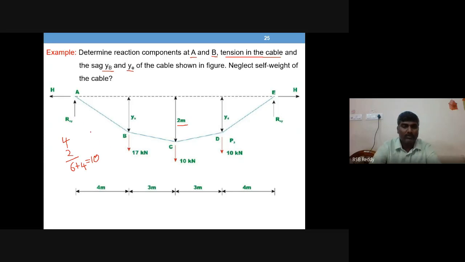So now you count the equilibrium equations. Joint A, one equation. Similarly, joint B and joint C, D and E. So 1, 2, 3, 4, 5 into 2. Each joint you can write two equations, sigma Fx equals 0, sigma Fy equals 0. So 5 into 2, 10 equations.